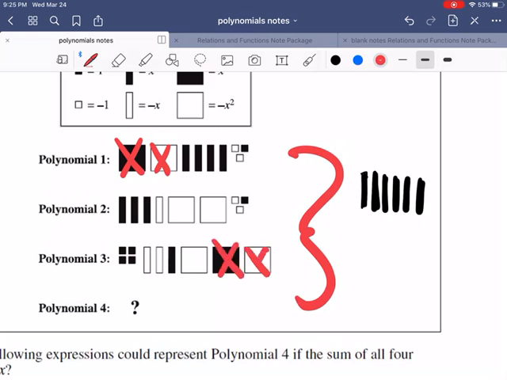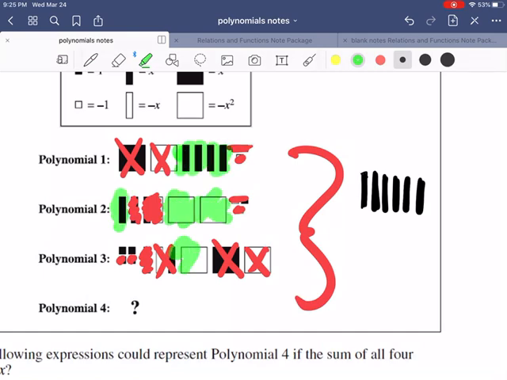This one and this one can cancel. Those two cancel. Those two cancel. They make a zero pair. This one and that cancel. This one and that cancel. And those two will cancel. And that one cancels.